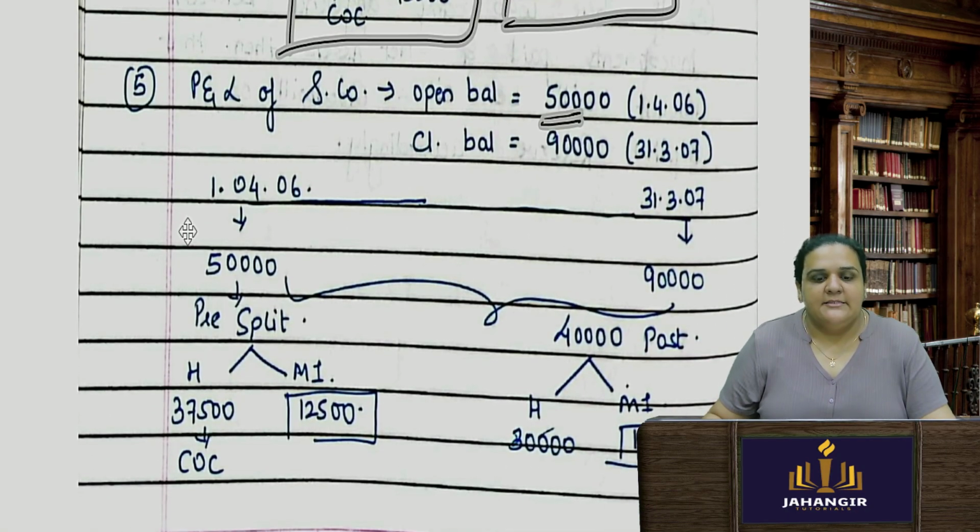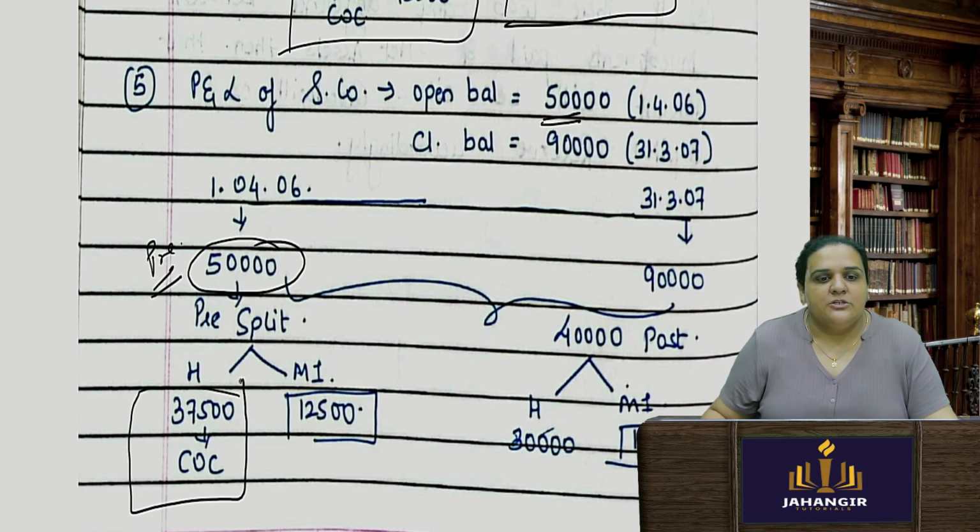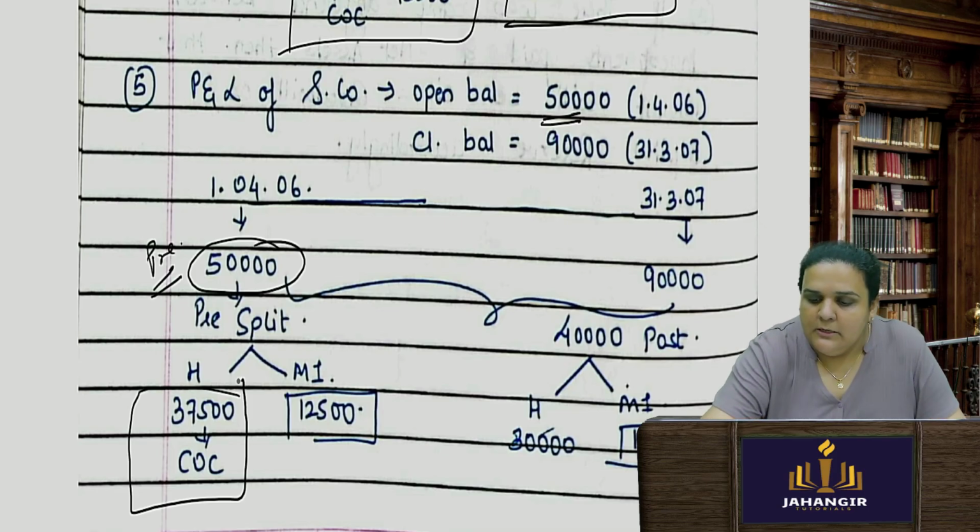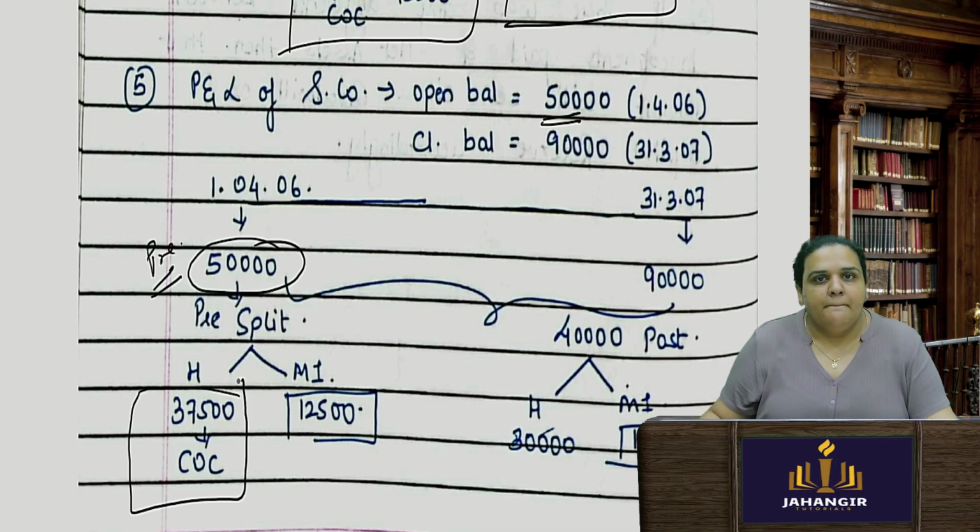On 1st of April I started at 50,000. This is always going to be pre, because it is 1st of April. So I'll split it between holding company and minority interest. This I'm going to take in the cost of control, 50,000 into 75%, 37,500. The balance will be minority interest share. This 37,500 will go in my cost of control.